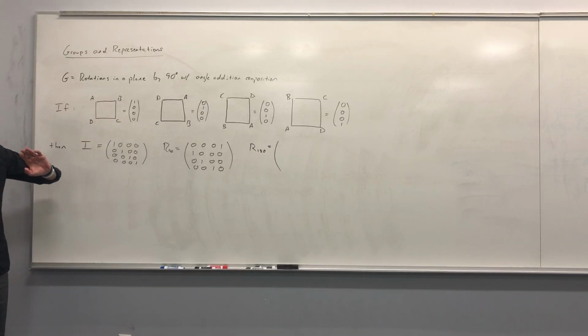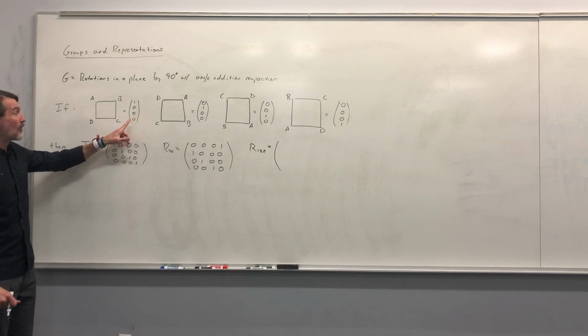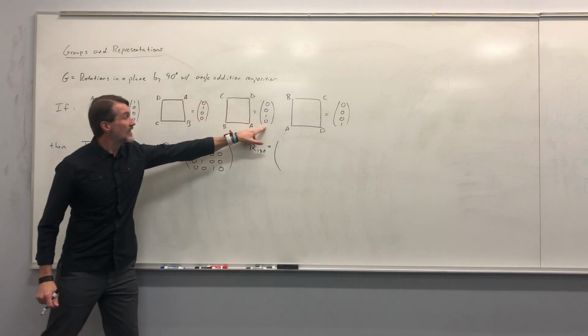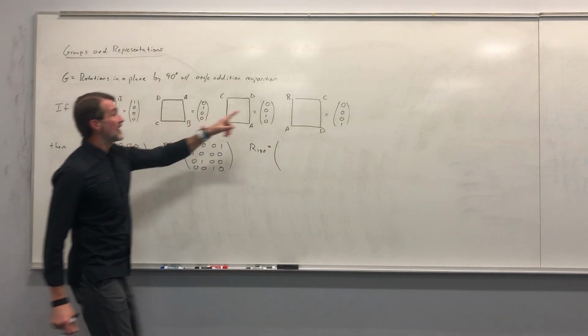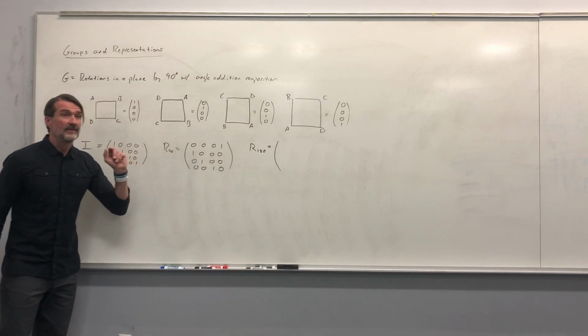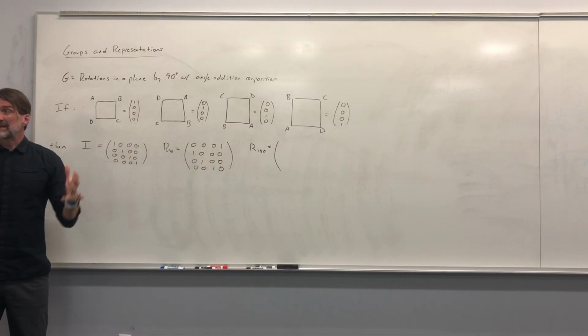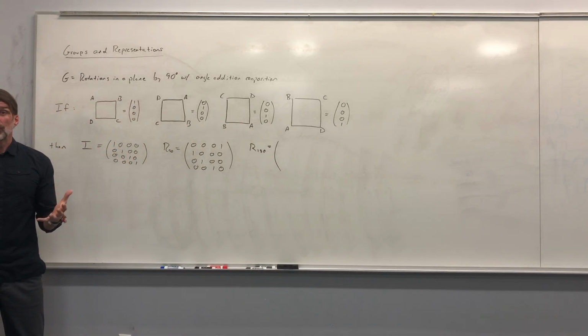Can anybody guess what that one is? There are different ways of thinking about it. R180 should take this to this, this to this, this to this, and this to this. But if I want to write down the matrix which does that, what's the quickest and dirtiest way to get that matrix? Sam?